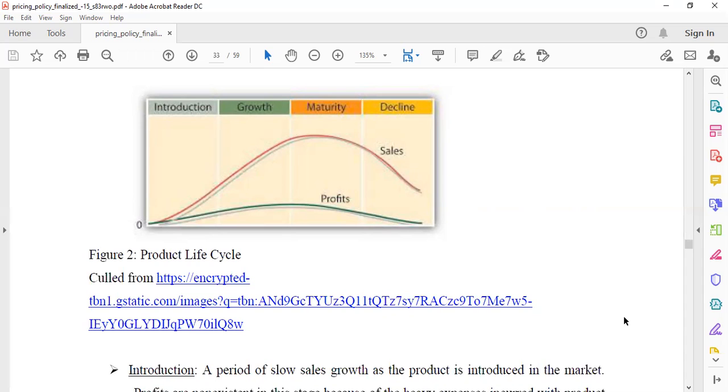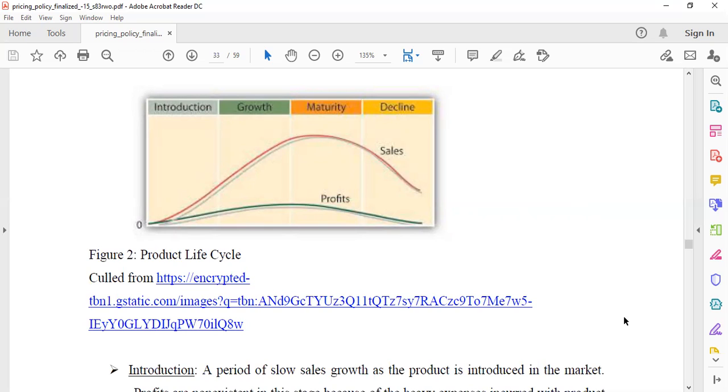In most cases, the profit is negative because the intent at the introductory stage is to gain market acceptance, to let people know about the product, to create awareness. So one may ask, how does this affect price?